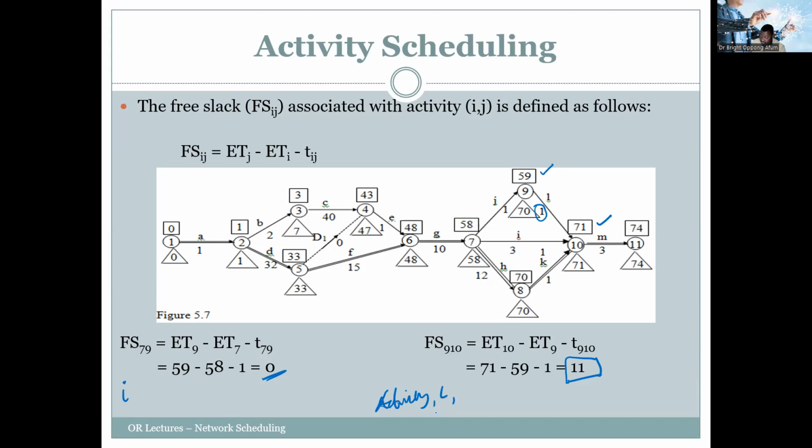This is J, and this is I. What this means is that we can delay activity L by 11 days before it will affect activity M. This is the free slack. The free slack just affects the succeeding activity.